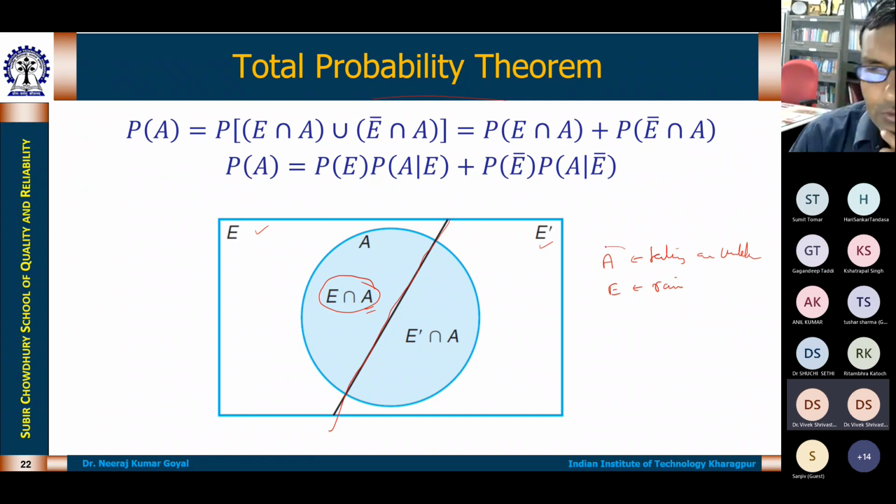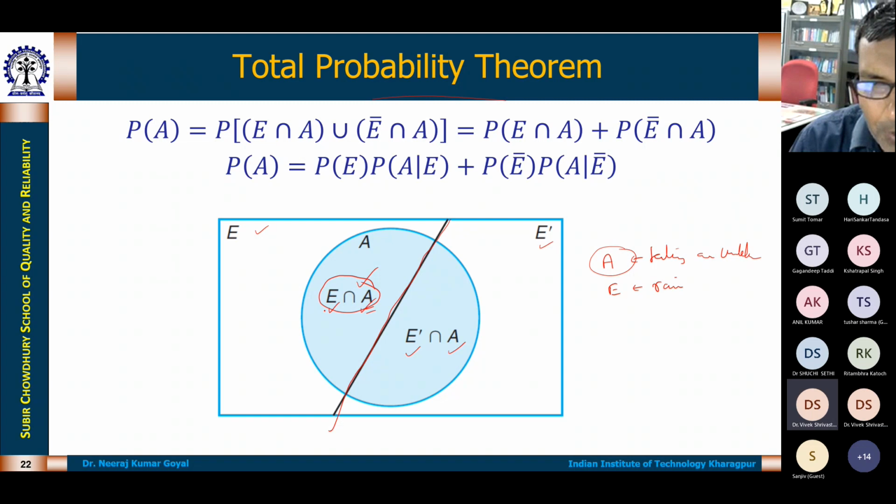Now I want to know the probability that someone is carrying the umbrella. I know in what cases rain is there and the person is carrying the umbrella, and how many cases there are where there is no rain, but still the person is carrying the umbrella. So what is the probability of umbrella carrying?